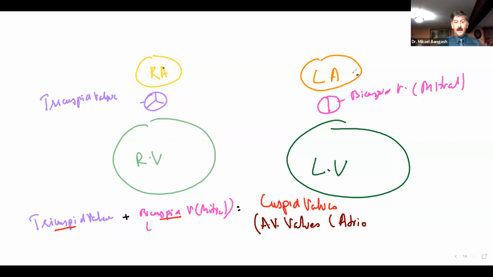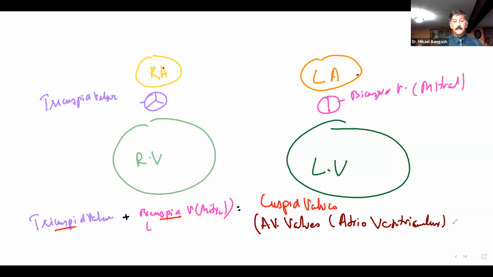O is your combining vowel. And the V is going to be ventricular, just pertaining to the ventricles, valves.